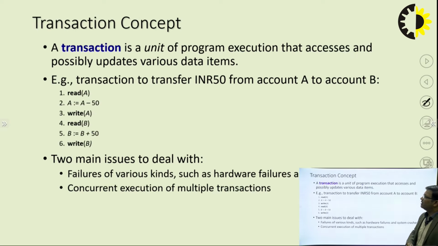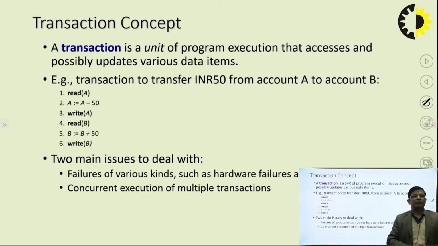So, transaction concept. What do you mean by transaction concept? In general terms, a transaction is where we can change the value of any variable. A transaction is a unit of program execution that accesses and possibly updates various data items available in DBMS tables.